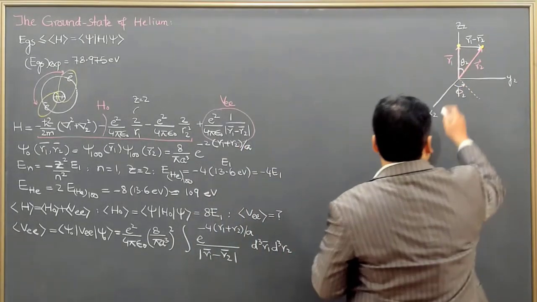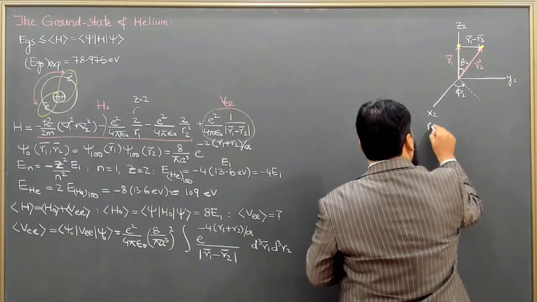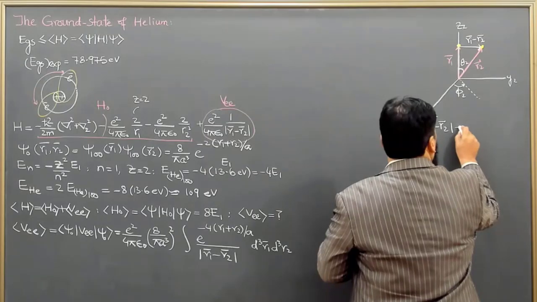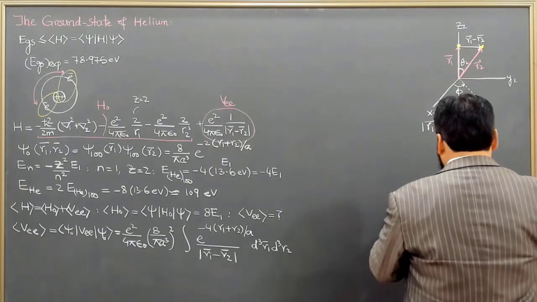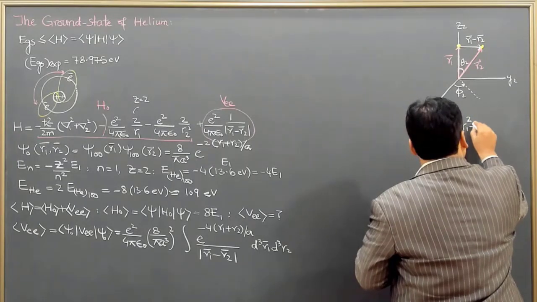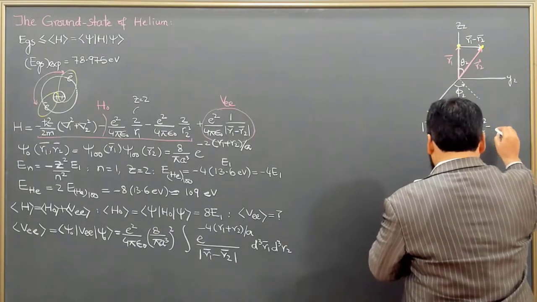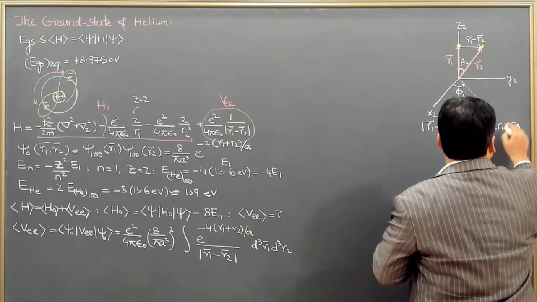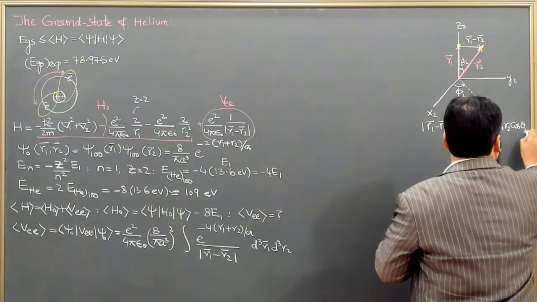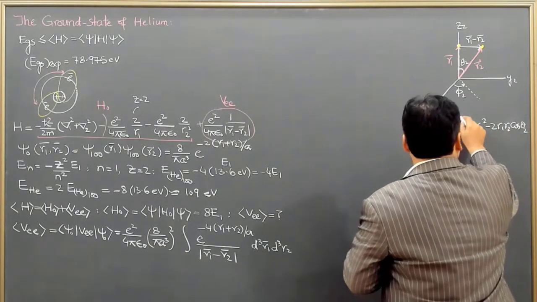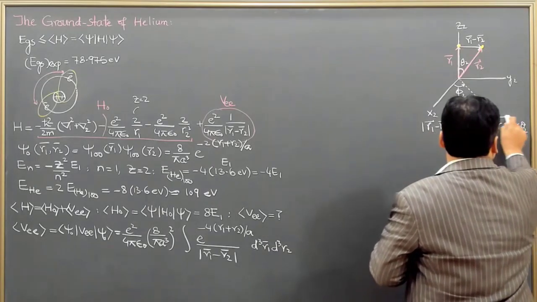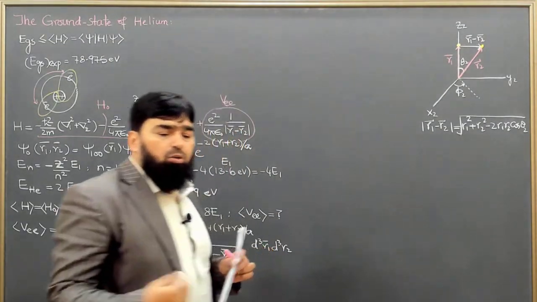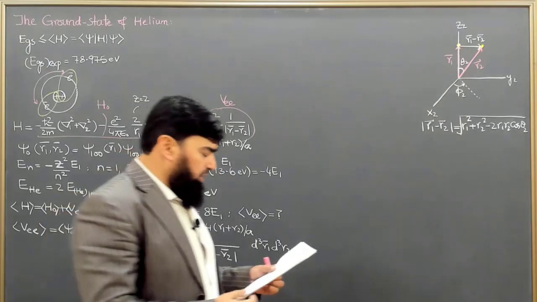Based on this, I can write that the absolute value of r1 minus r2, from the law of cosines, is the square root of r1 square plus r2 square minus 2 r1 r2 cos theta 2, where theta 2 is the angle between r1 and r2. So simply from the law of cosines we have written this.